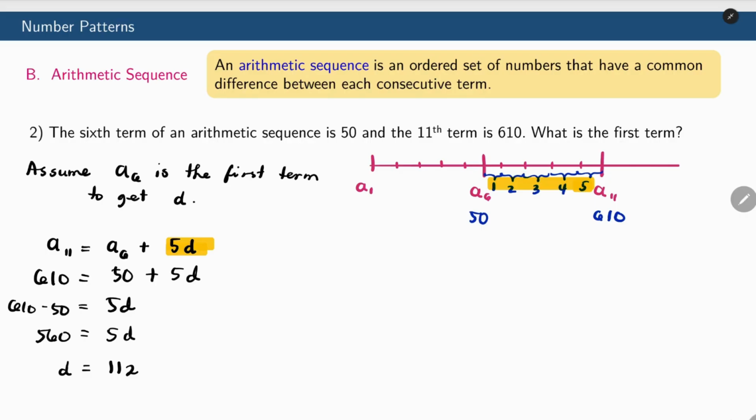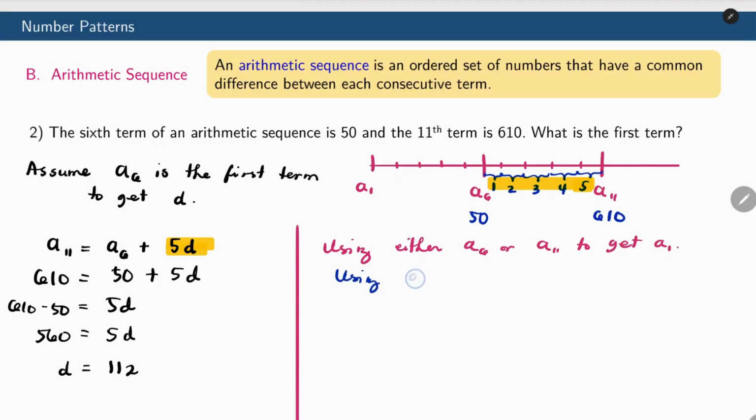So, ngayon, makukuha na natin si a sub 1. Now, you may use either a6 or a sub 11 to get a sub 1. Okay, using a sub 6. Kaya dito sa strategy na to, kinuha muna natin yung common difference.